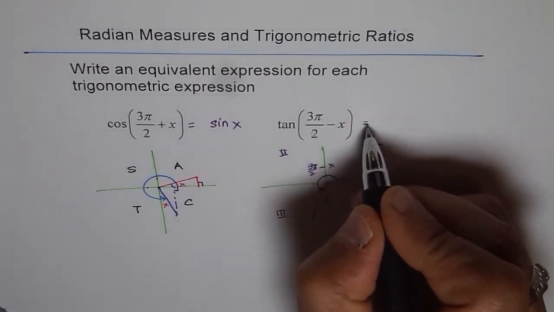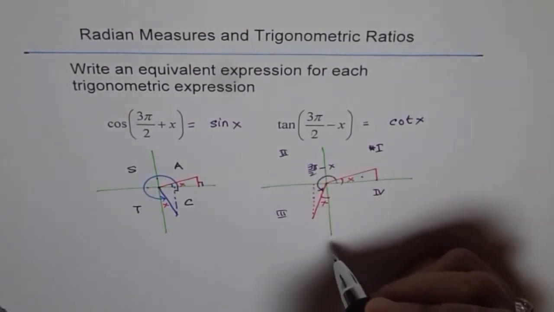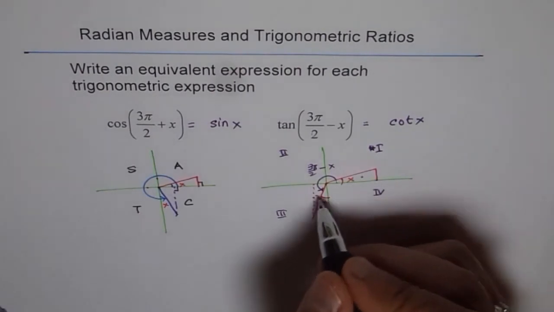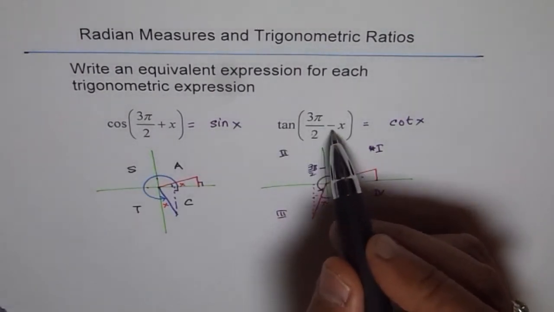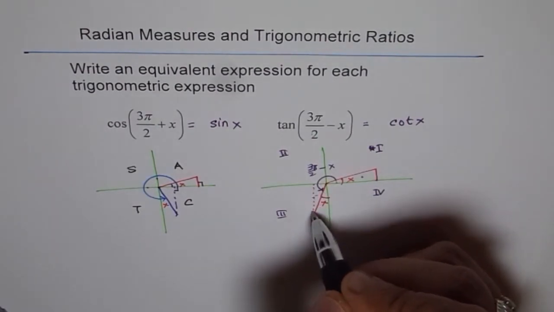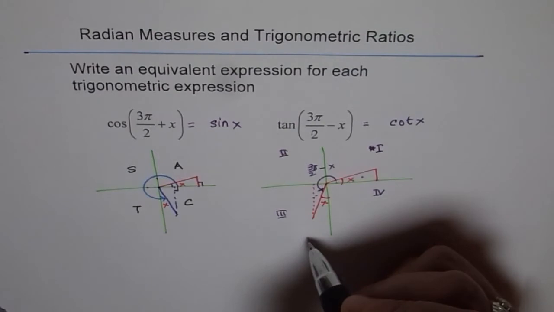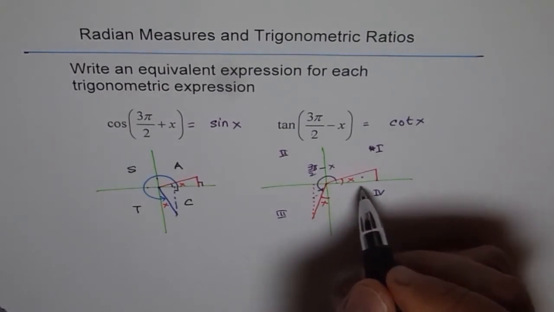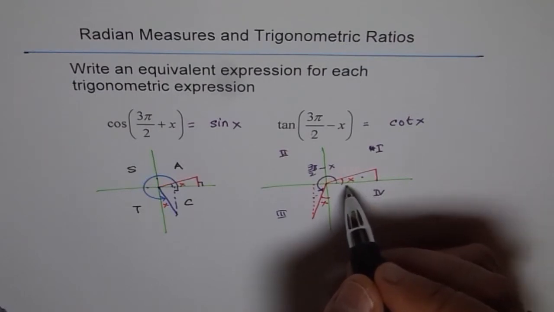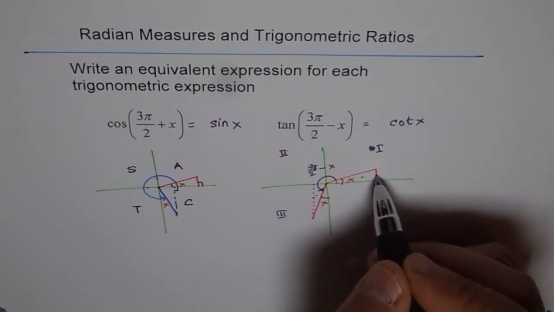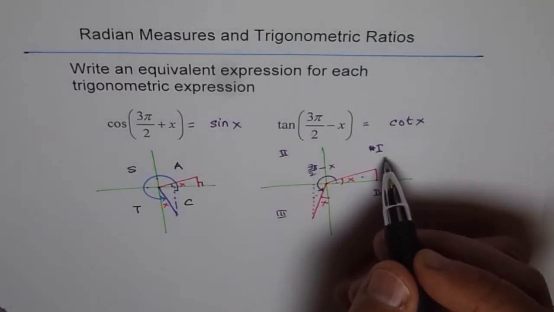So I can write this as cot x in comparison to this triangle, correct? Therefore, this is cot of x, correct?